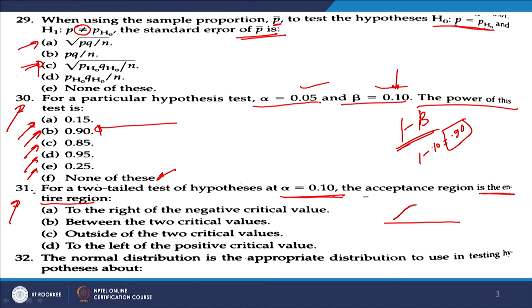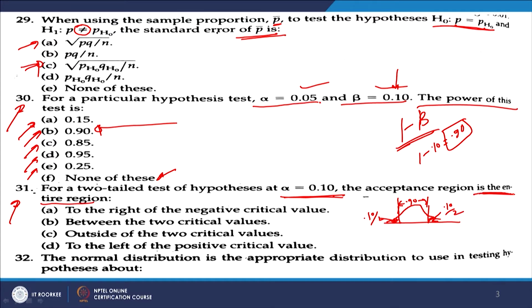It is a two-tail test, so you have two rejection regions, and alpha is 0.10. So this is alpha by 2: 0.10 by 2 here and 0.10 by 2 here, and this is 0.90.